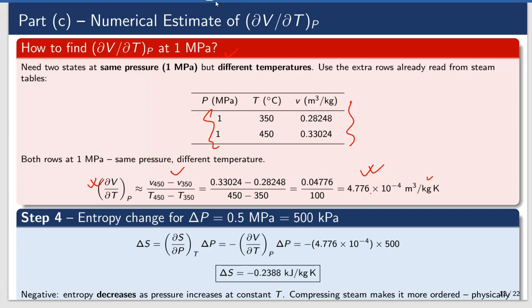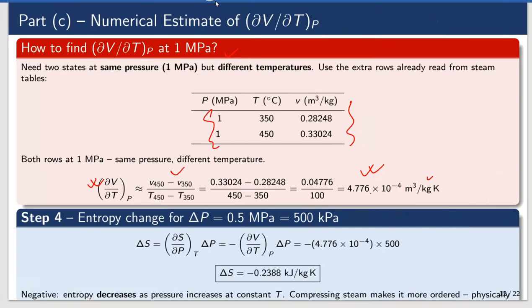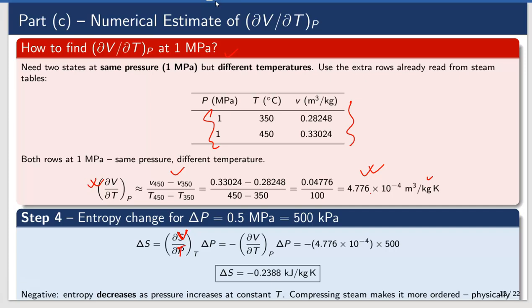After getting that, so this is dou V by dou T at constant pressure, we have to put that in, multiplied by del P, with a minus sign.